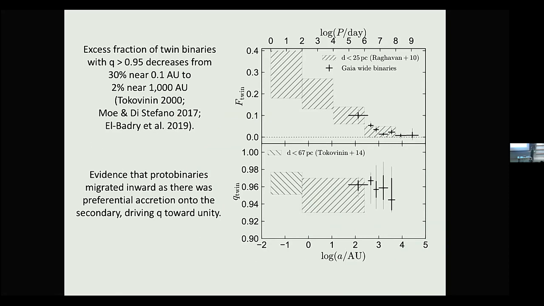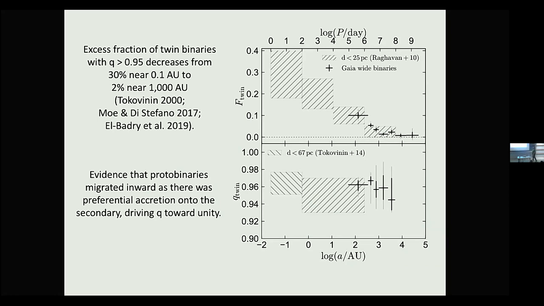You can look at the excess fraction of twin binaries, where the mass ratio is near unity. It declines from about 30% at 0.1 AU to maybe a couple percent at about 1,000 AU. The idea is that the companion forms at wide separation in the disk, initially at extreme mass ratio, and then as it migrates inward, you have preferential accretion onto the secondary, driving the mass ratio toward unity.